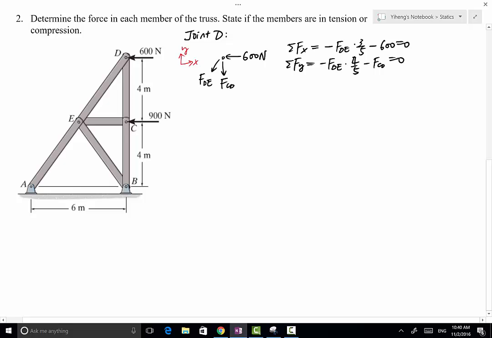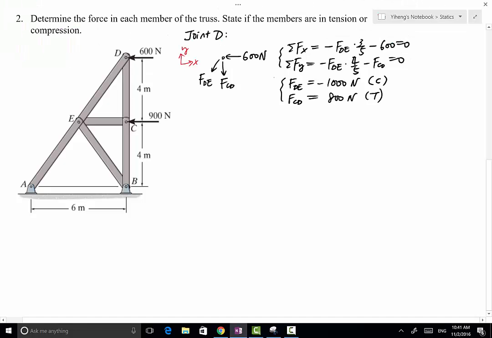Based on these 2 equations, we can solve for our 2 unknowns. From the first equation, we can solve for FDE to be negative 1,000 Newton. The negative sign indicates that it's actually in compression, and we substitute that into the second equation, and we can solve for FCD, and that's going to be 800 Newton in tension.